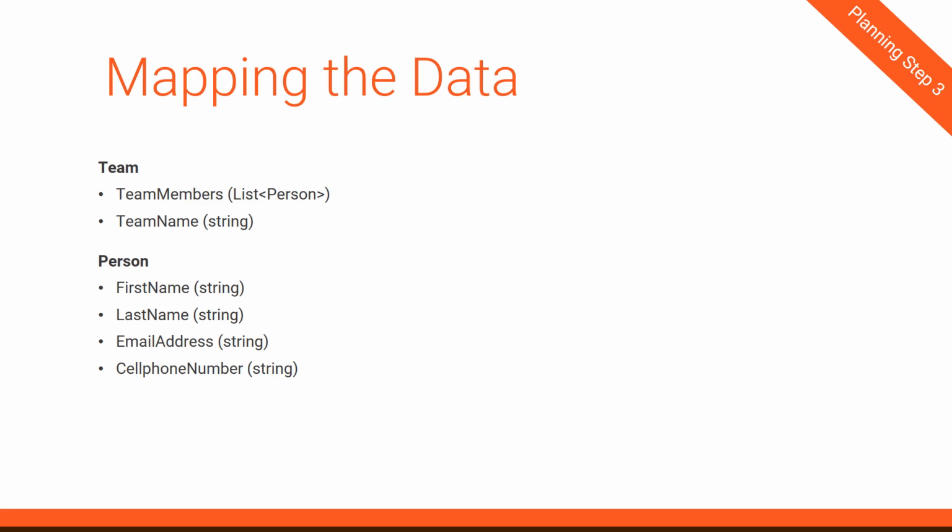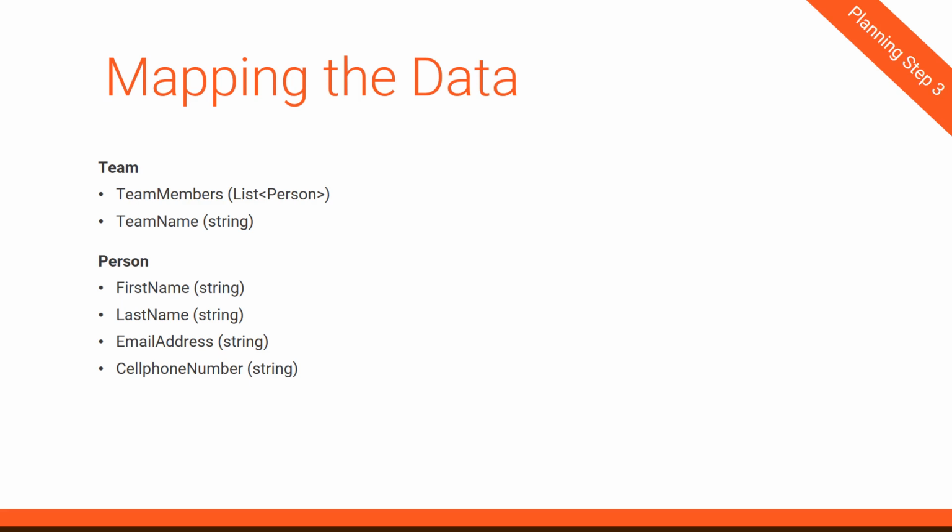Now, you may have caught me saying a couple times properties, and I want to stop for a minute and point that out. Really what we're doing here is we're creating our classes. So a team is going to be a class, person will be a class, and inside those classes will be these properties.